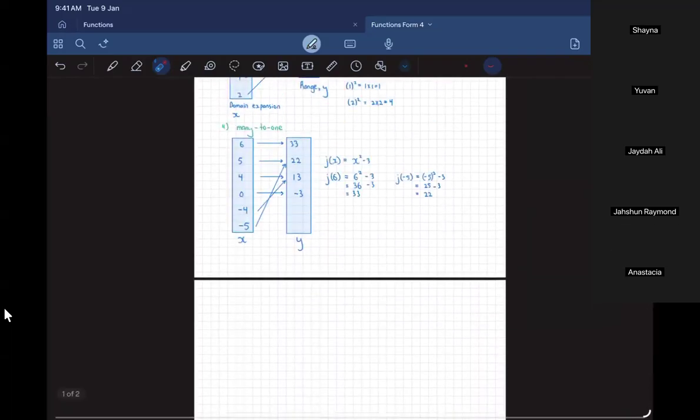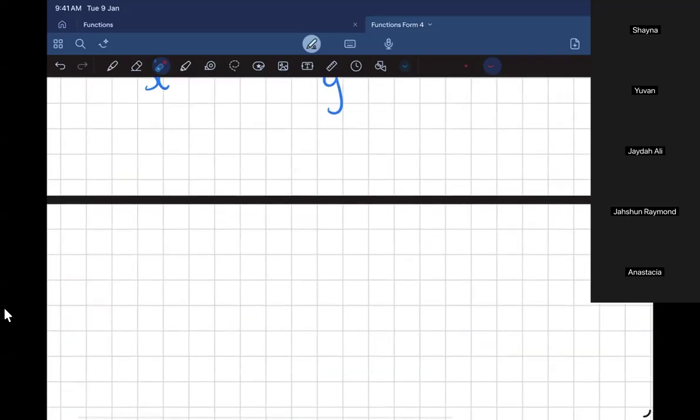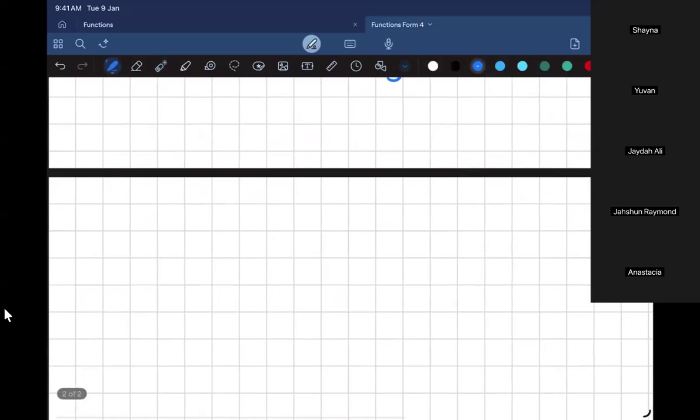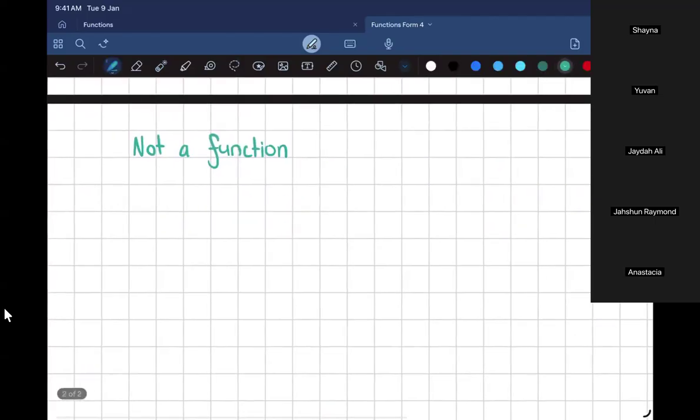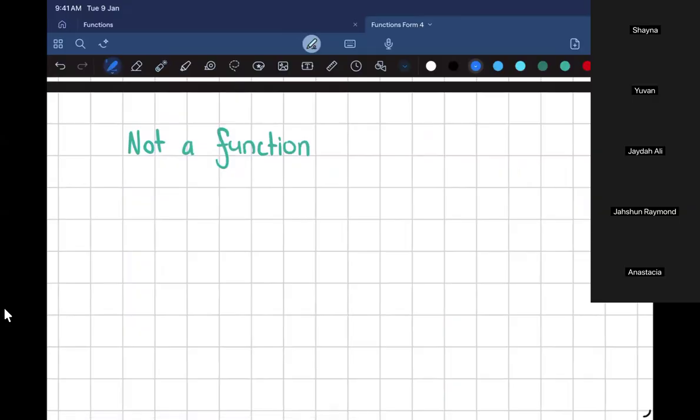So let's look at an example of something that's not a function. Shina, aren't you brave? Partially. Nah, I feel you're brave, right? So I want you to try to explain why this is not a function.